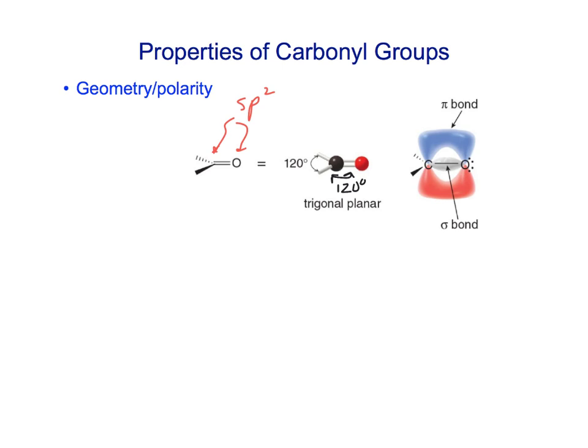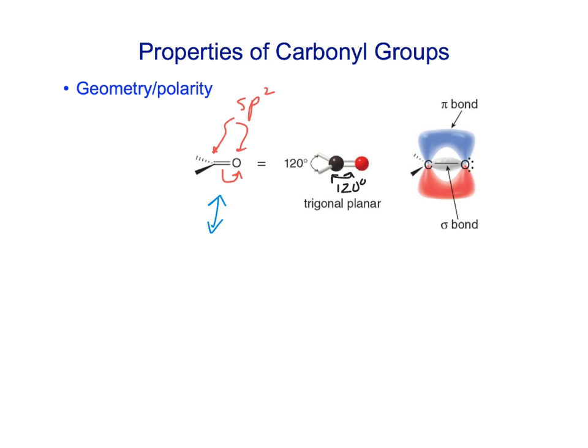The reactivity of all of these carbonyl groups is really driven by the fact that there's a resonance structure here. Well, we can think about this as either resonance or an inductive effect, right?